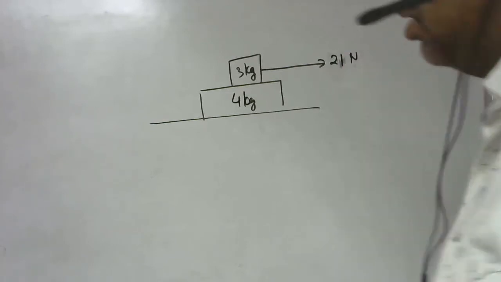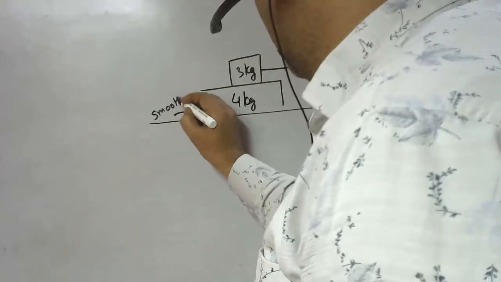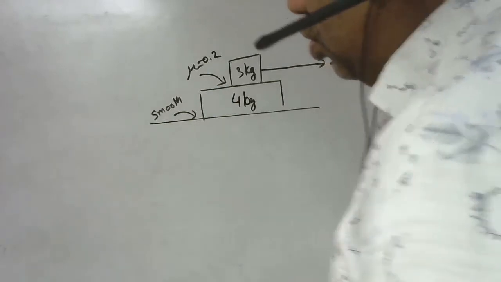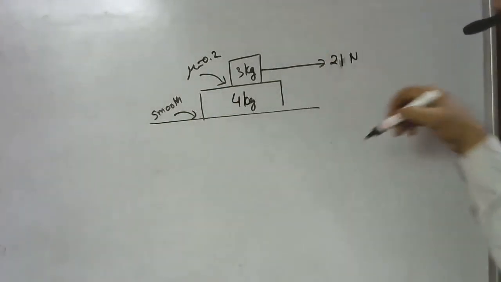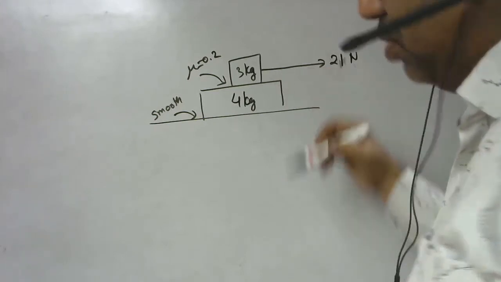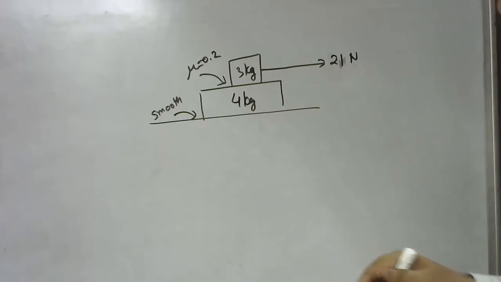This force acts on it, and this surface is smooth, and suppose this coefficient is 0.2. So what will be the acceleration of the two blocks here, and what is the friction between the two blocks? Just send me your answer in the comment box.